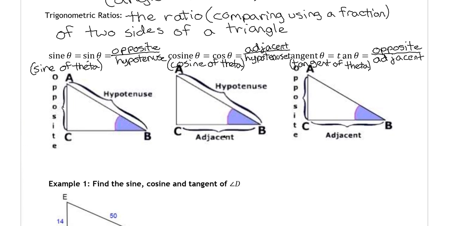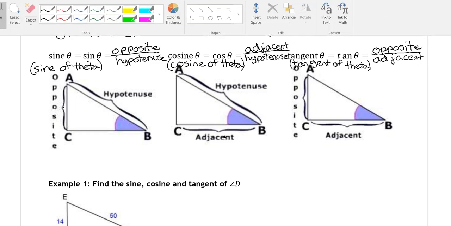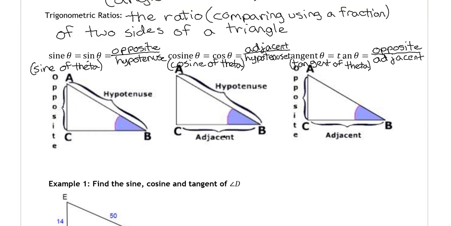These you do have to know. You have to know all three of these. We are using these in every single one of our targets from here on out, so there's lots of practice for you to memorize them. An easy way to remember them is using the word SOHCAHTOA. It's just an acronym. It tells us exactly what we need to know.